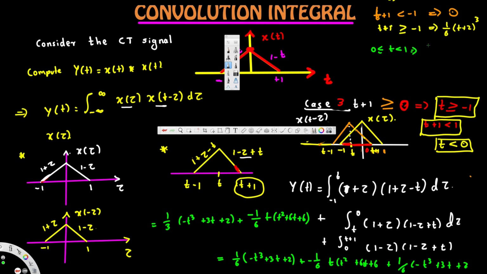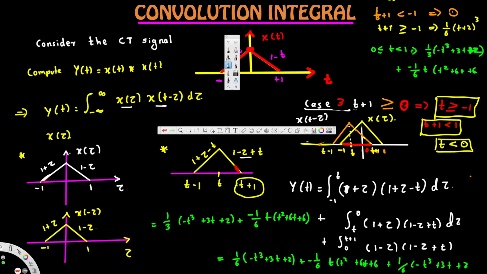The expression is 1 over 3 times negative t cube plus 3t plus 2, plus negative 1 over 6 times t square plus 6t plus 6. Now this is our third case.